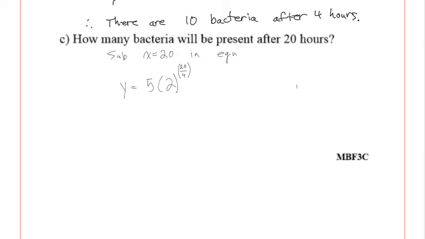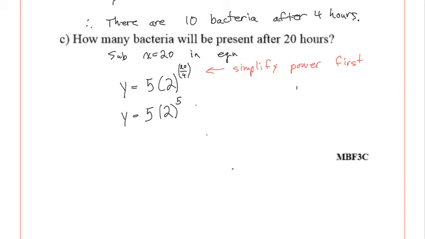And because 20 divided by 4 gives us 5, we simplify the power first, and then we calculate by following the rules that we did before. So we end up with 160. Therefore there's 160 bacteria after 20 hours.